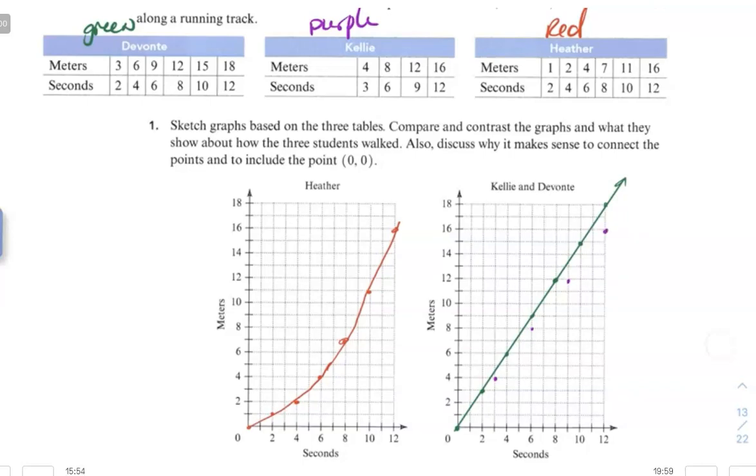Now Kelly is also starting at 0, 0, and she is also traveling consistently, 4 meters every 3 seconds. So this is Kelly, and this is Devontae.